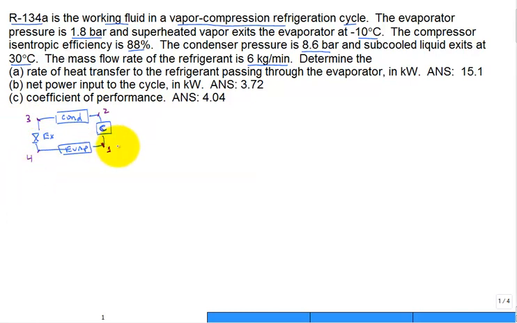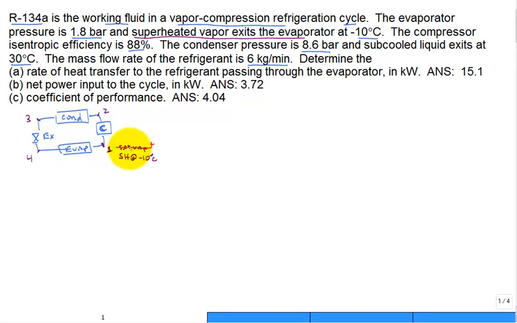And often the assumption is that coming out of the evaporator is saturated vapor, but for this problem superheated vapor exits the evaporator, so it's superheated vapor at the -10 degrees C. So I'm just going to make it clear that's not the case anymore. They've modified it.